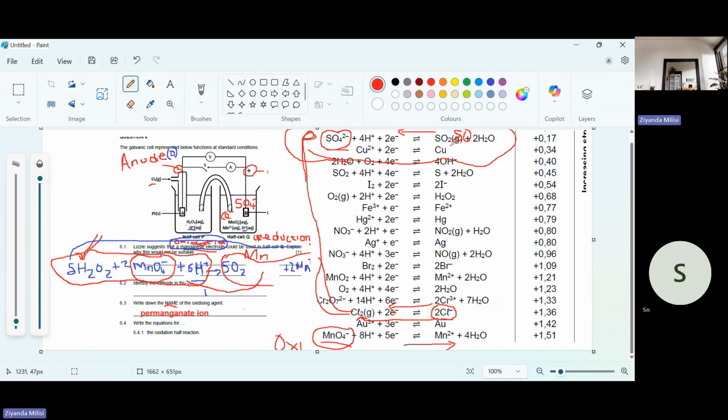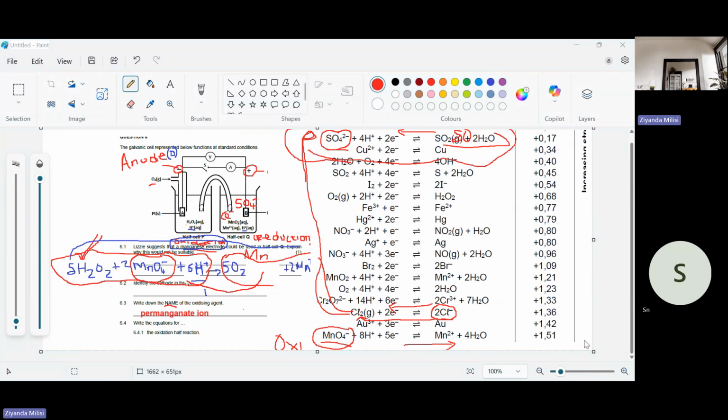It's not on this side. Otherwise, if it was on this side, it was going to be oxidized. They appear on the same side of the reaction with MnO4 minus, so it can't. But Cl minus can be oxidized to Cl2. I hope you got the reasoning.